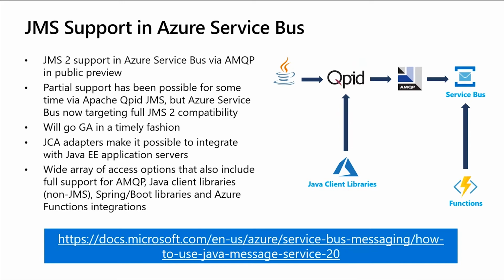So you can connect to Azure Service Bus using the JMS API that you're already familiar with. Of course, this is in addition to the existing integrations in Service Bus, including AMQP, the Azure-specific Java client libraries, or even bindings through Azure Functions. Want to find out more details? Please follow the link.